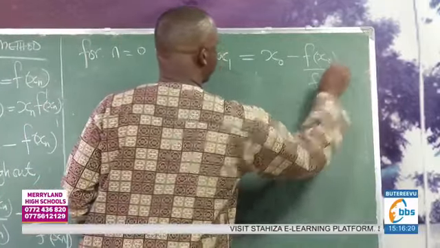And our xn plus 1, therefore, will become xn minus, my function is xn cubed minus 6xn squared plus 9xn plus 2. I will put brackets all over 3xn squared minus 12xn plus 9.